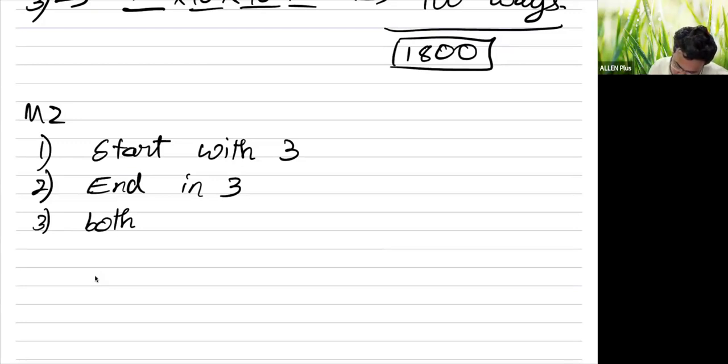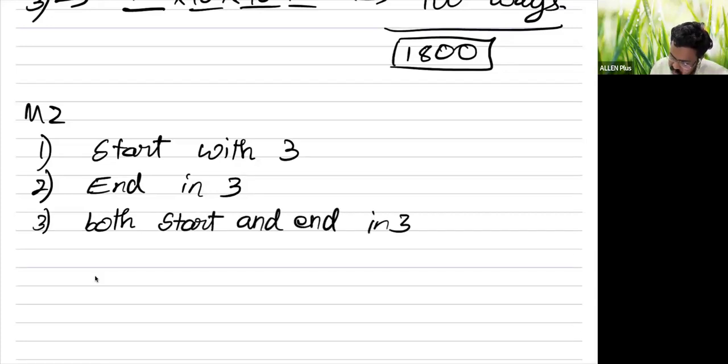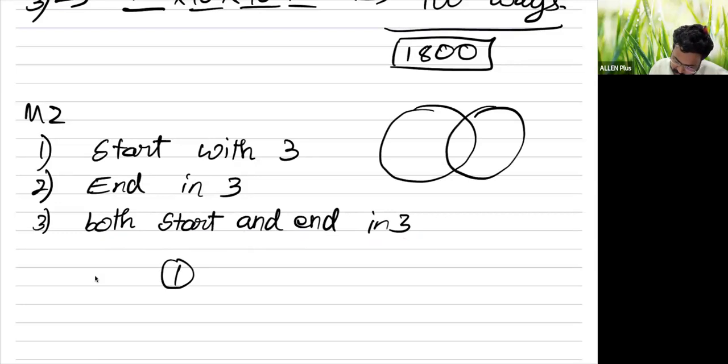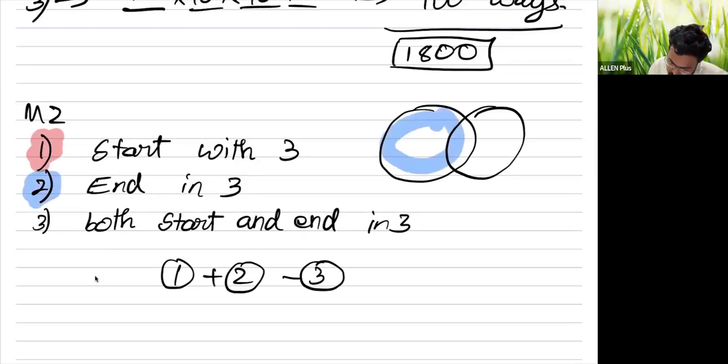Both start and end in 3. So if they both start and end in 3, this becomes like 1 plus 2 minus 3. So if I am having to color them, this is how I'll color them. Red and blue.